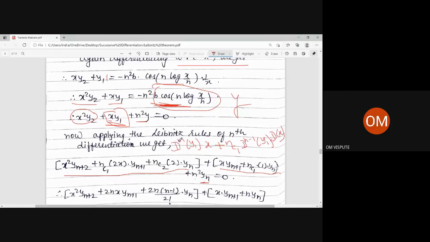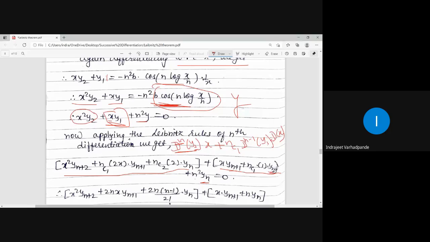So d^n of y1 is nothing but y(n+1). I have told you that this index with this suffix is to be added. So d^n of y1 is y(n+1), and d^(n-1) of y1 means y(n-1+1), which is simply yn.